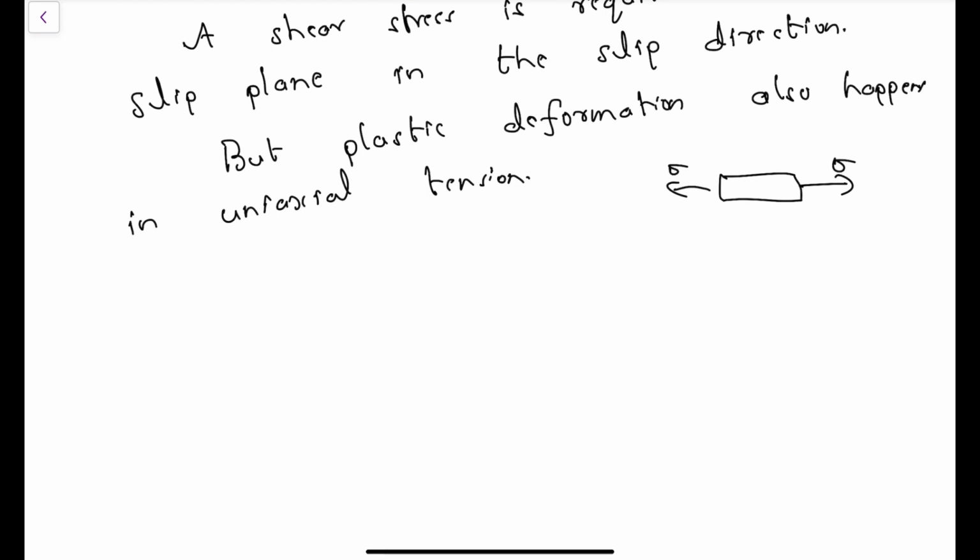In that case also you had plastic deformation, and a cup and cone shape was formed during fracture. That means there was slip. So plastic deformation occurs also in uniaxial tension.